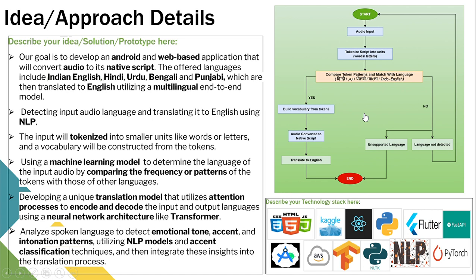And in case the user has chosen the languages mentioned here only, but still the user is having certain errors, or due to some reasons the audio language is not being detected, then we'll flash an error of language not detected, and we'll redirect the user to start again and record his or her audio again. And this is the entire workflow of our application.